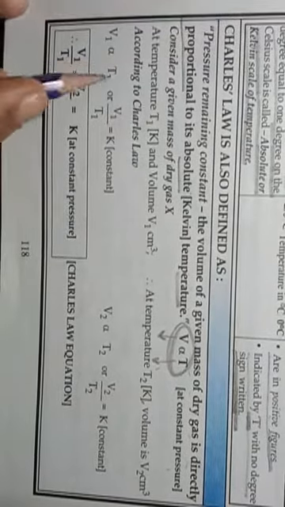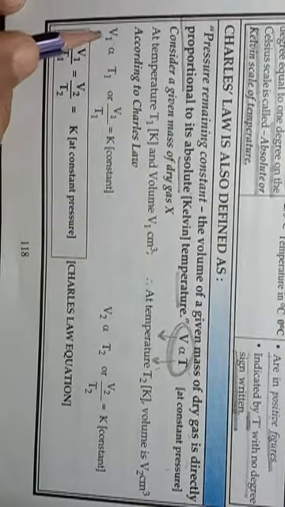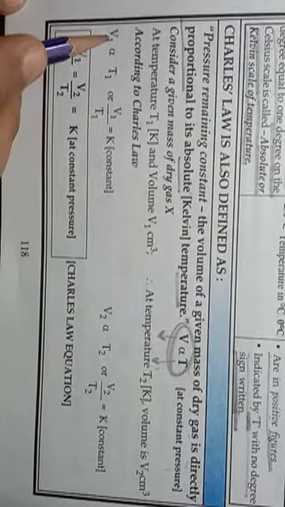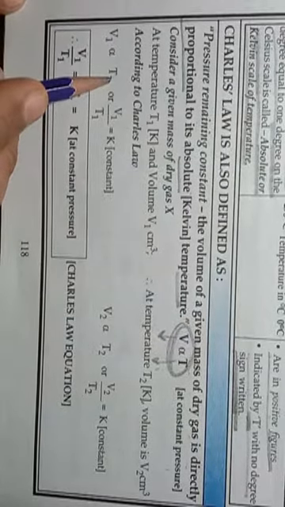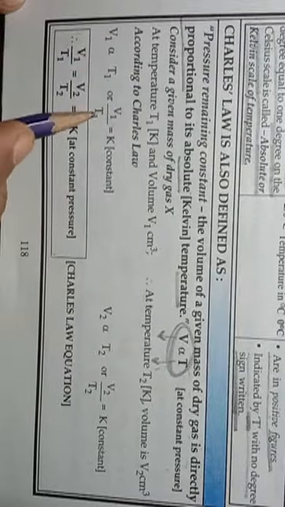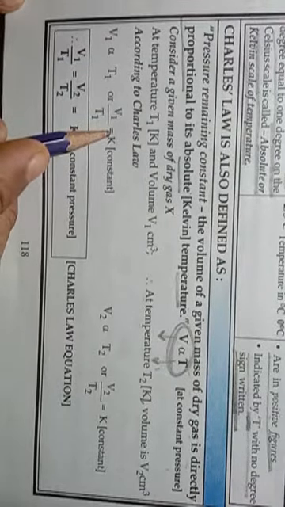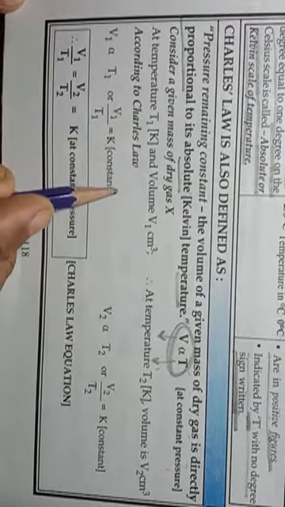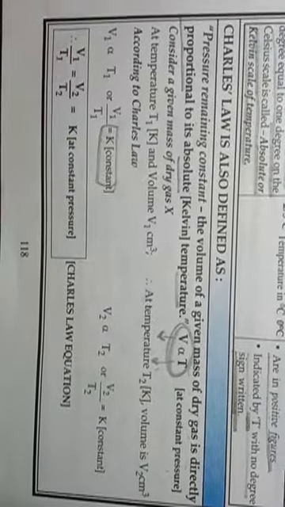Okay, so if there is a gas with volume V1 at temperature T1, then V1 upon T1 equals K. K is a constant, which is known as the gas constant.